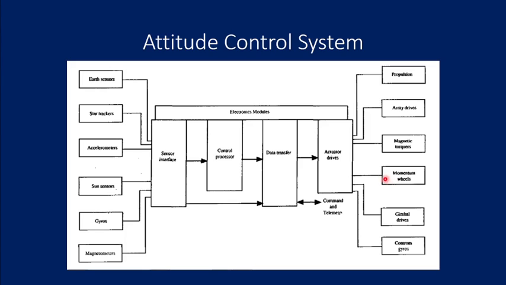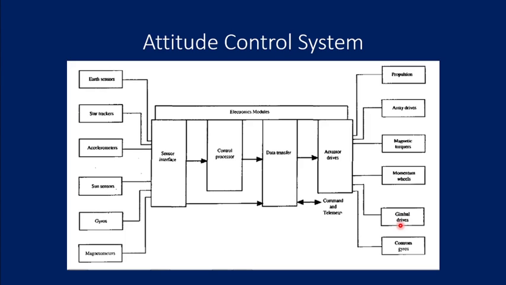Then we have something called momentum wheels in order to prevent the wobbling or rotation of the spacecraft. Then we have gimbal drives, which take the output of the gyros and keep the spacecraft steady.